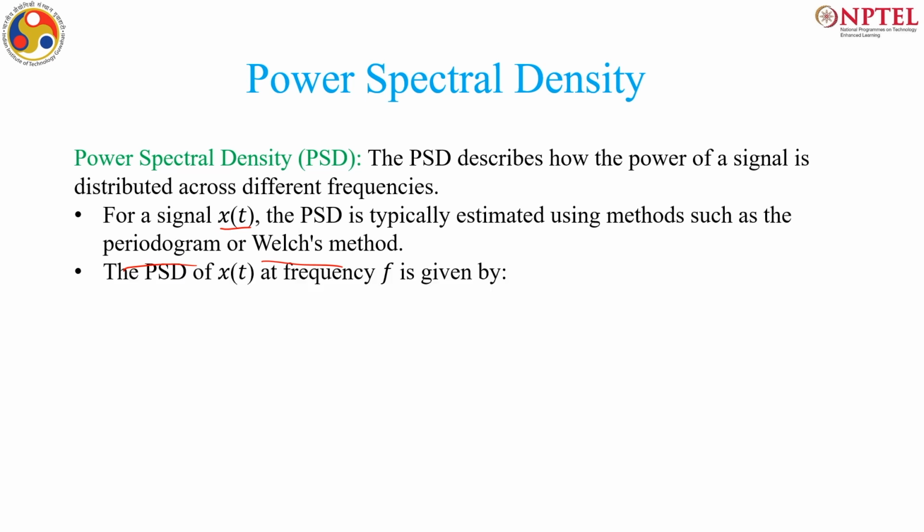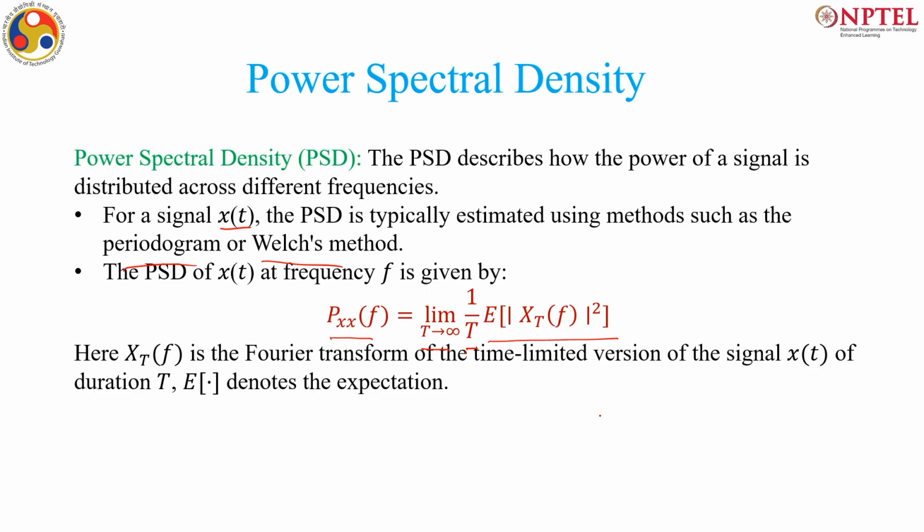So, how do we define the PSD? The PSD is defined by the formula Pxx of f equals the limit as T tends to infinity of 1 by T times the expectation. Now, why is this expectation operator used? Typically, we will encounter stochastic signals as well. If the signal is deterministic, that realization is the same as the expected realization, but if the signal is stochastic, there can be several realizations, so we take the expectation.